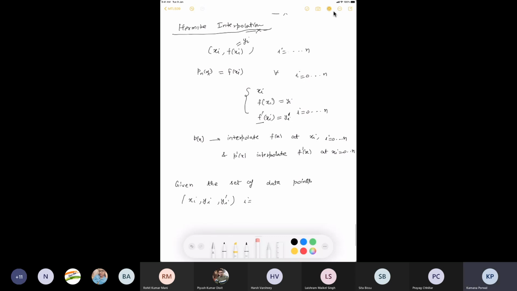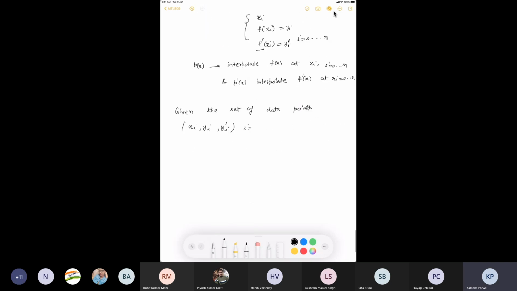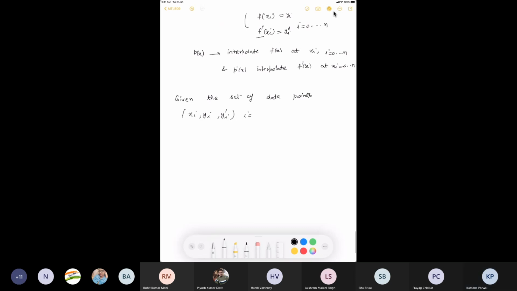So let's start with the node x1 instead of x0. It doesn't make a difference, but we will have a simplification in terms of the notation. So basically, we have the nodes x1, x2 up to xn.